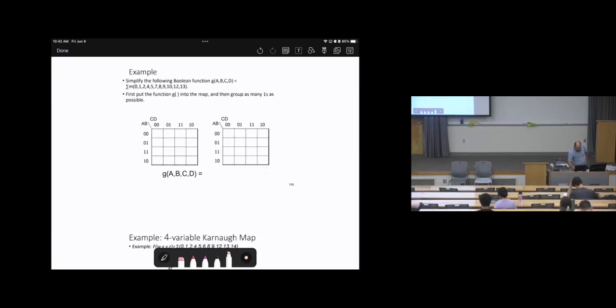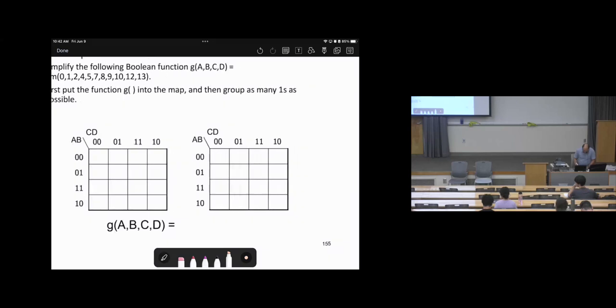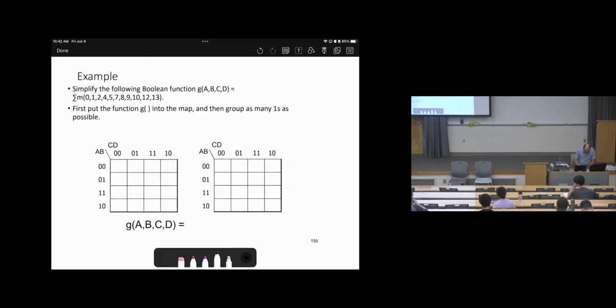I already discussed this. Now, let's look at this question. Simplify this using Karnaugh maps. Let's assume the same notation as in the textbook. So here is CD, here is AB.